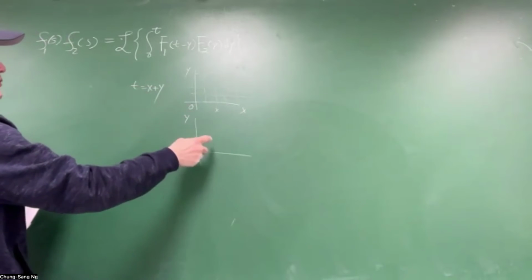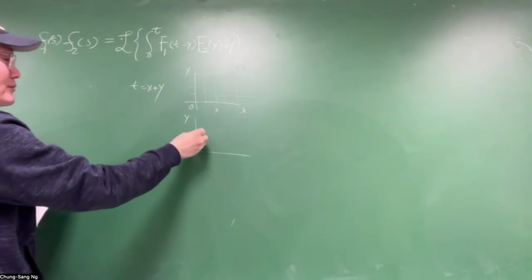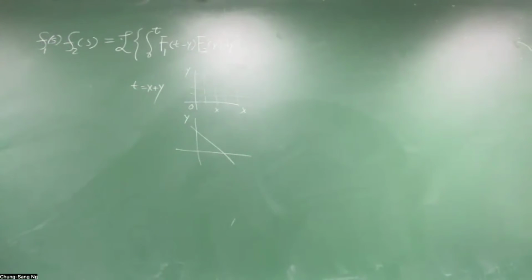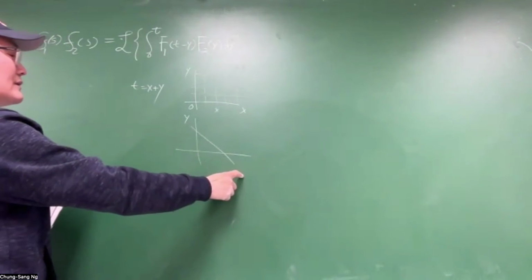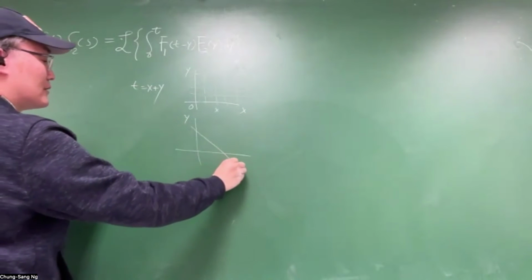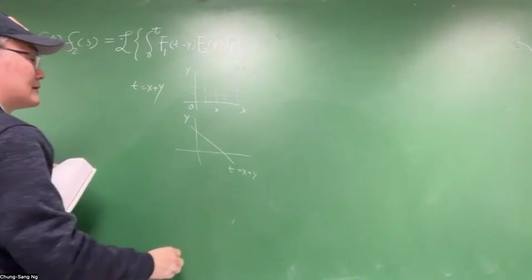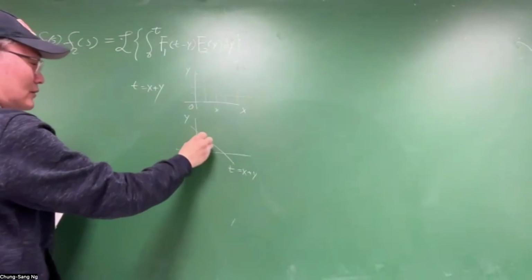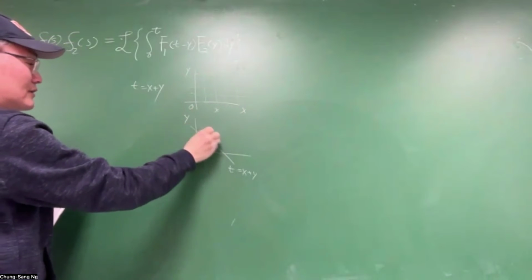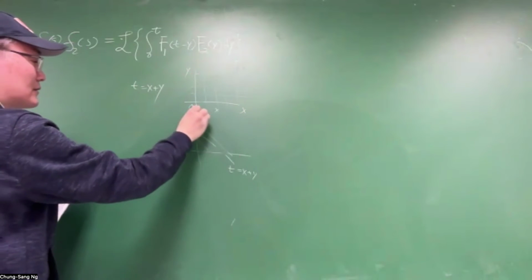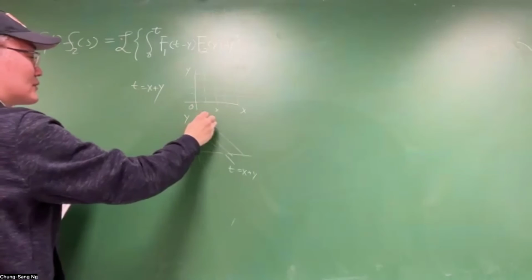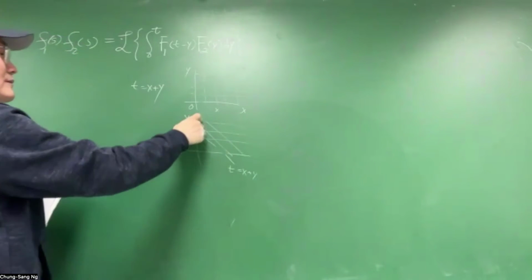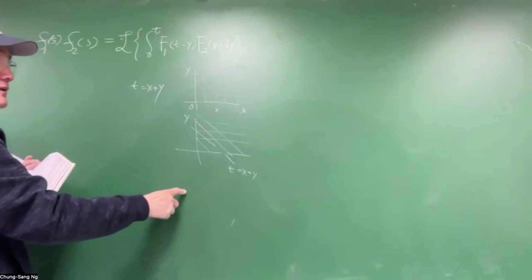So t is x plus y, meaning that constant t is a line that is diagonal with a slope of minus 1. All the coordinate lines of constant t are like that diagonal line. But you also keep the y coordinate line.